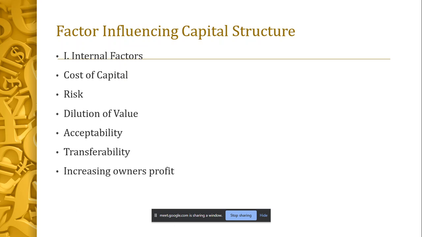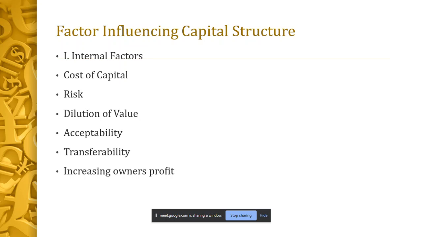The next one is increasing owner's profit. This is also one of the internal factors. In the basic aim of the organization, we have to think whether we are trying to increase the owner's profit more.